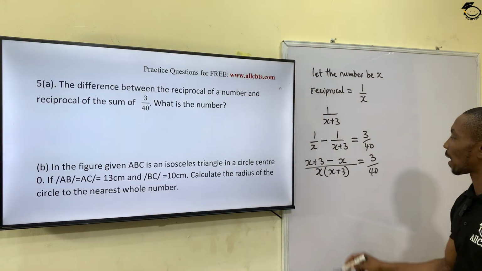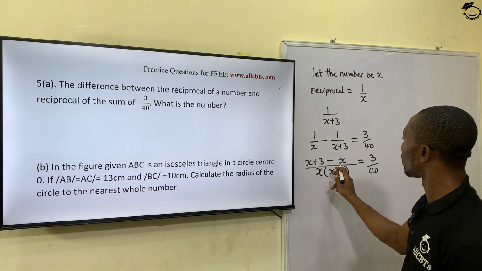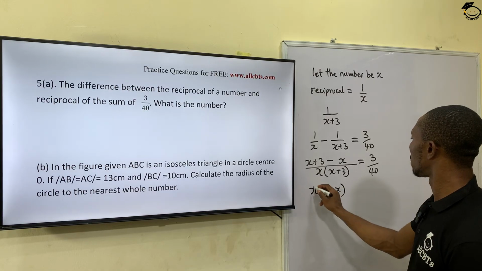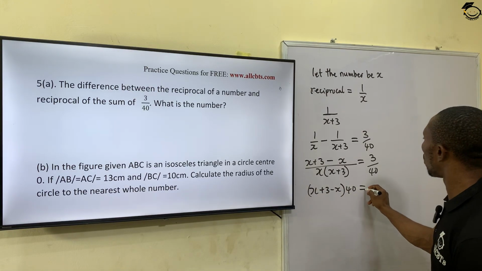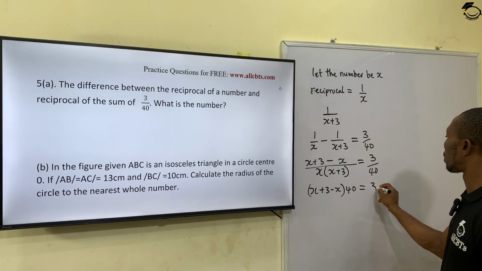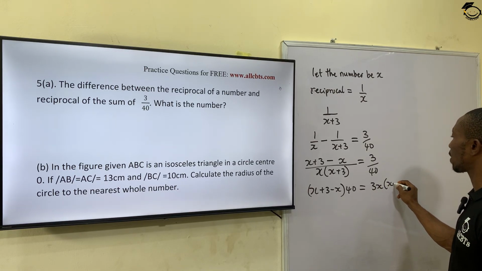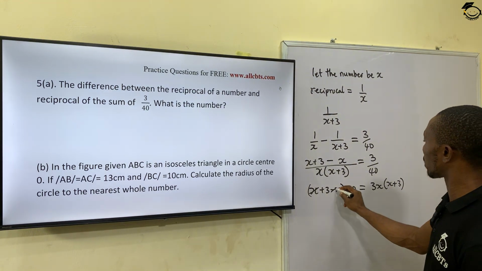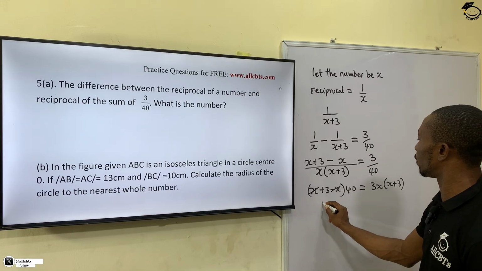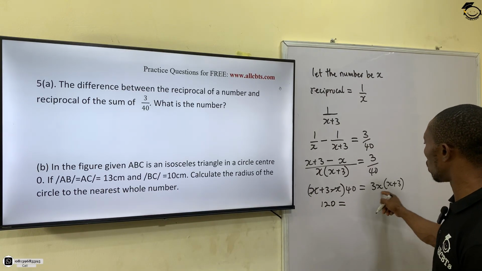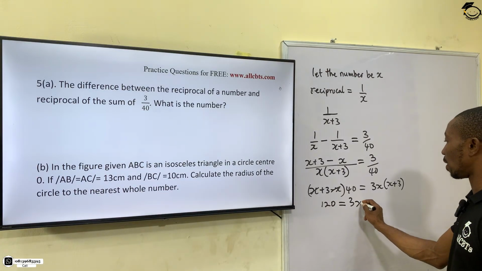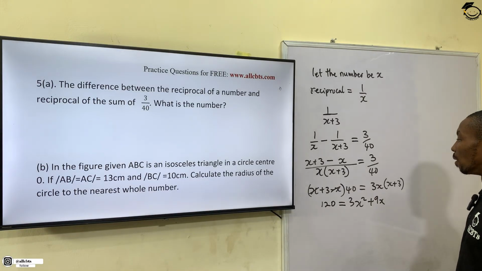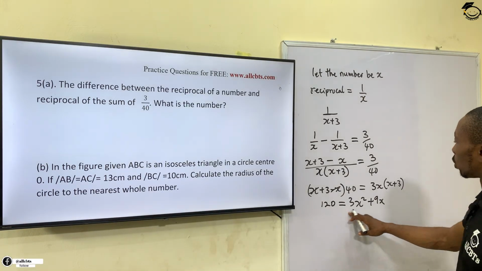Now, cross multiplying, we have x plus 3 minus x times 40 equals 3x bracket x plus 3. Now opening up this, x will cancel x, leaving us with 3. 3 times 40 will give us 120 equals, opening this bracket, 3x squared plus 9x.